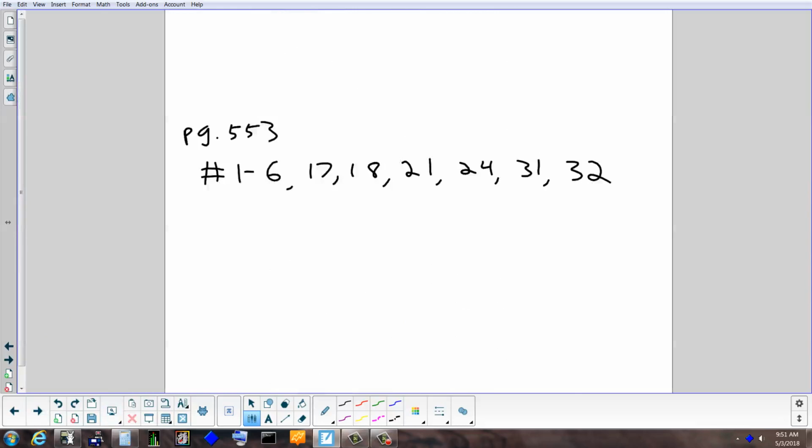So you just have to write single numbers. And then don't worry about 32. Okay? So 1 through 6, 17, 18, 21. I think those are 2 variable problems. 24 and 31 are 3 variable.